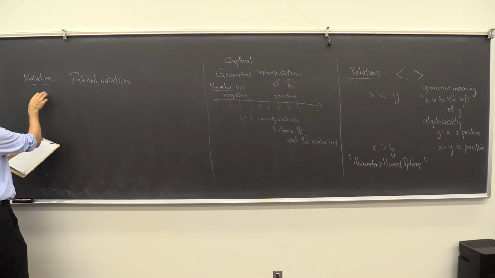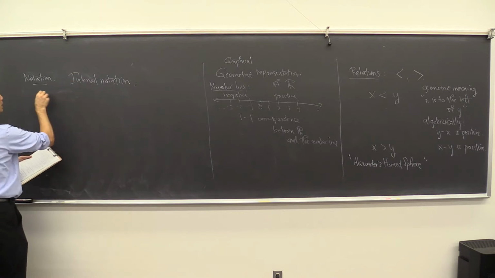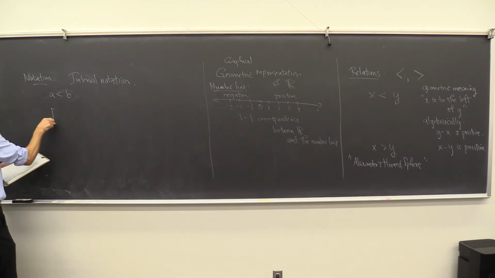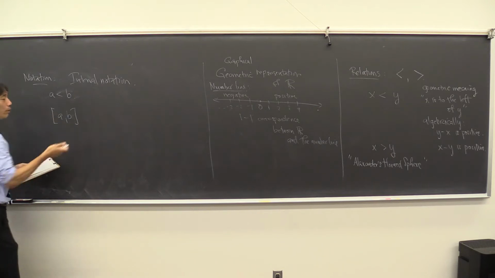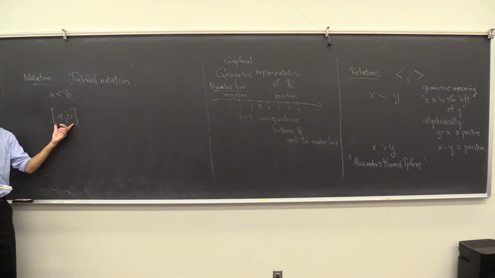If I have two numbers a and b, and a is less than b, then if I write a comma b in square brackets, what does that mean? Anybody know? You should know. If you read the book, you know.